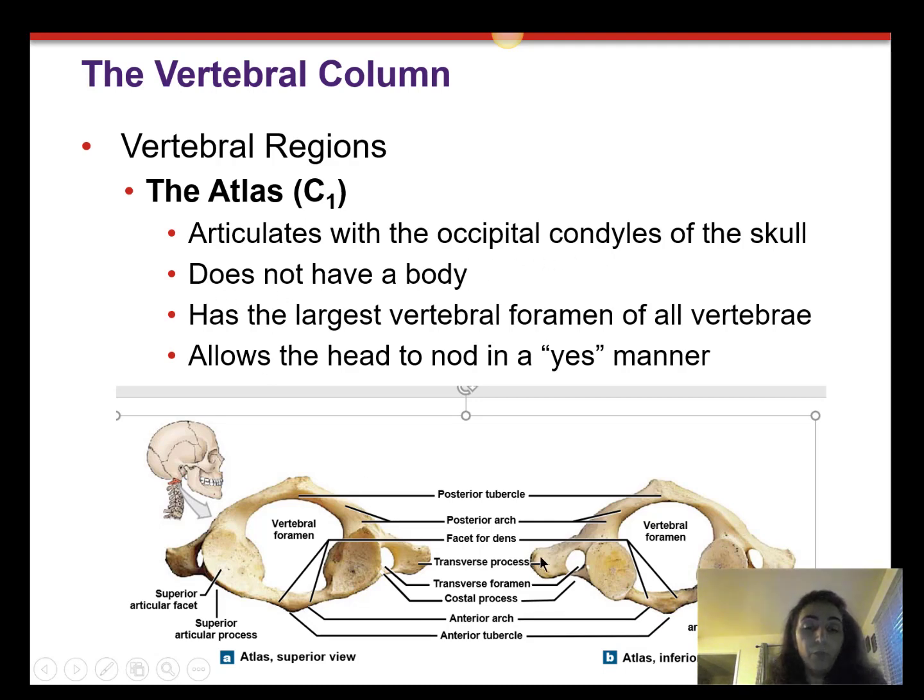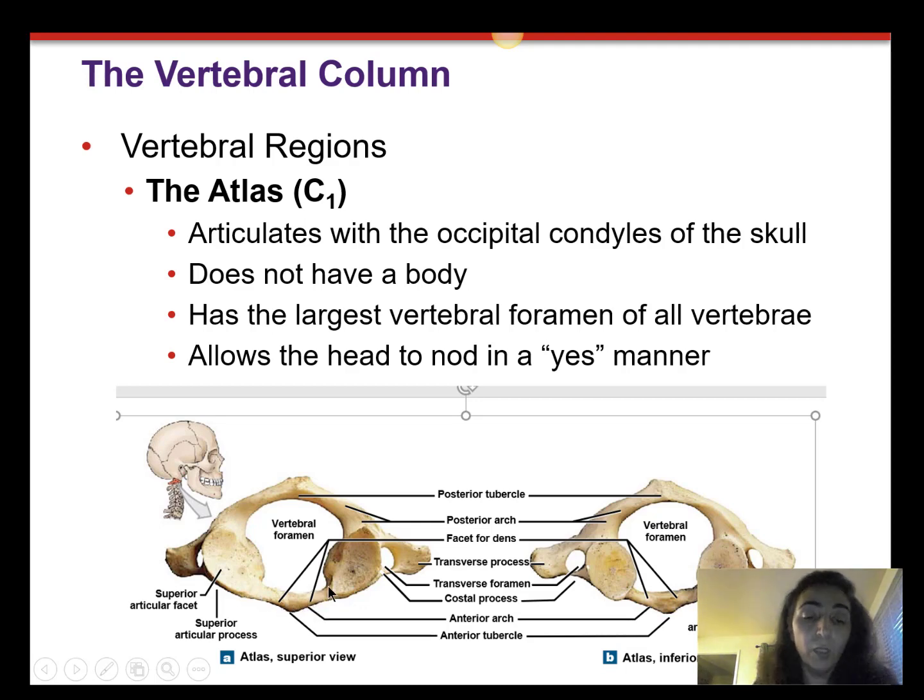And if you look at this C1, you see that this is the anterior view, the anterior side, and this is the posterior side of that. As you see, in contrast to all the other vertebrae, the anterior part of this vertebra has no body. It's just one simple ring, the same as the arch that we have for the posterior, we have one arch for the anterior too, right?